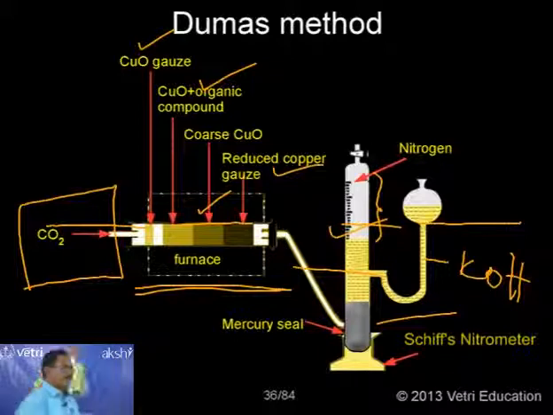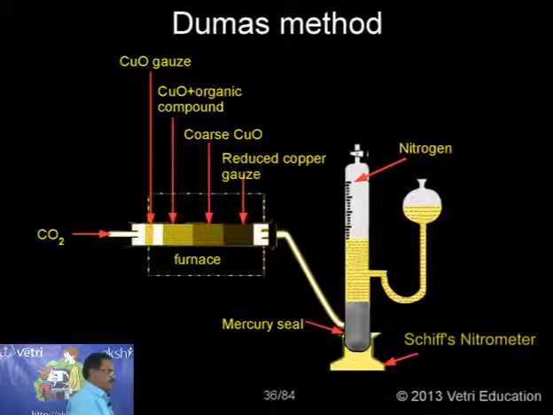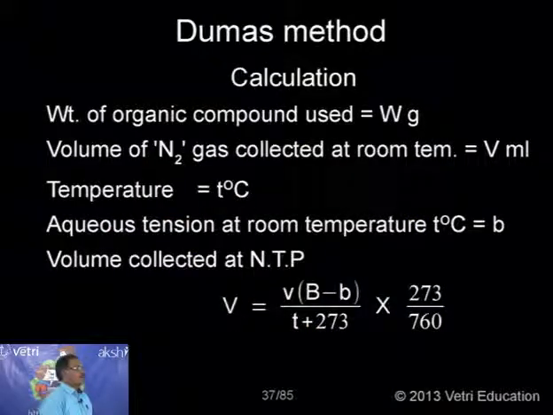By adjusting the reservoir, the volume of gas can be adjusted. From the volume at NTP, we can convert to the actual volume. From the volume of nitrogen gas collected, we can determine the percentage of nitrogen. This is the experimental part. Next one.